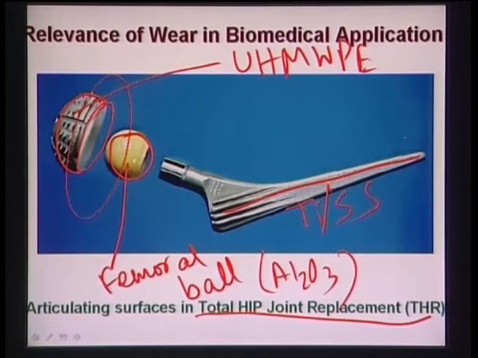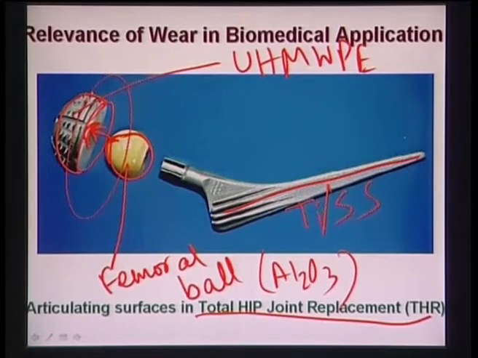But what I am trying to focus on here is that the wear takes place primarily here, because this ball has to be fitted inside the acetabular cup, and during human motion, this ball and the acetabular cup surface will always make some kind of reciprocatory motion or fretting kind of conditions.